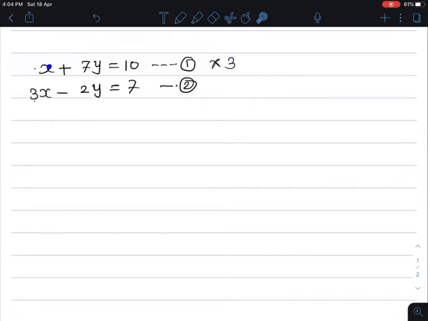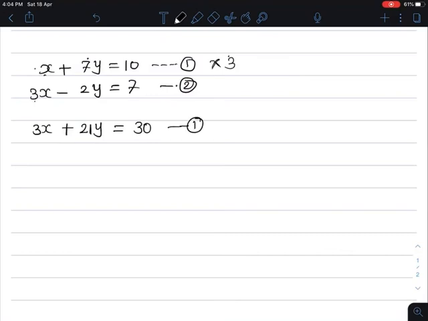So 3 into x becomes 3x. 3 into 7 is 21, and 3 into 10 is 30. So I will write 3x plus 21y is equal to 30.